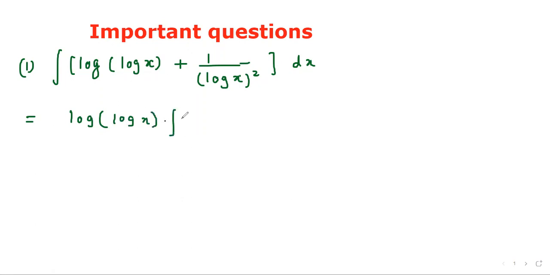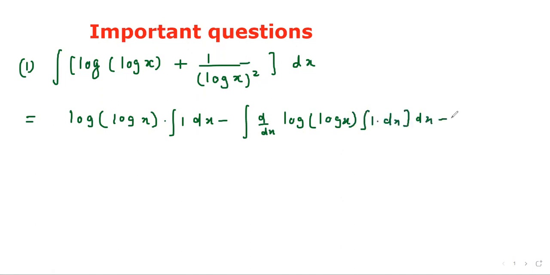So integration of 1 dx minus d upon dx of log of log x into integration of 1 dx whole dx, plus integration dx upon log x whole square. This term is written separately. Now integration of 1 dx will give x.